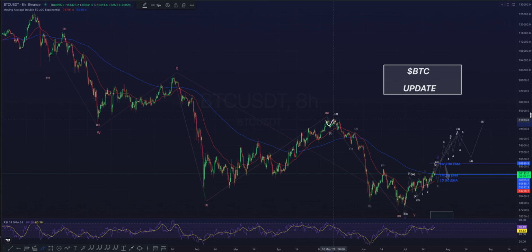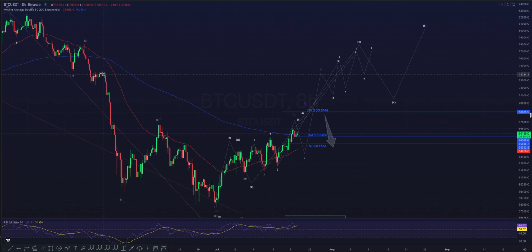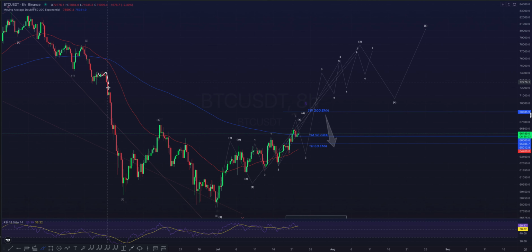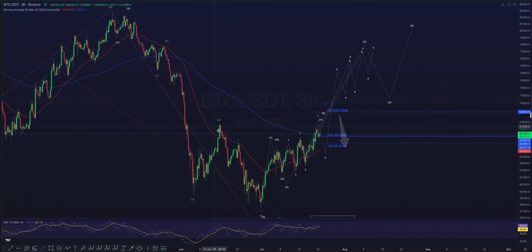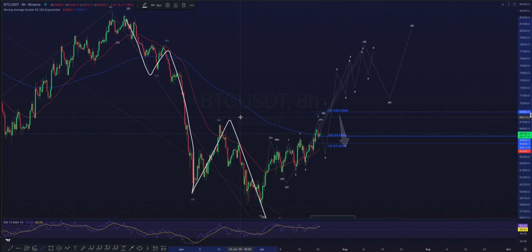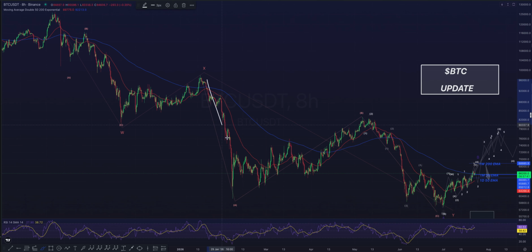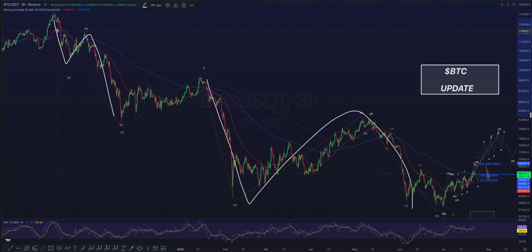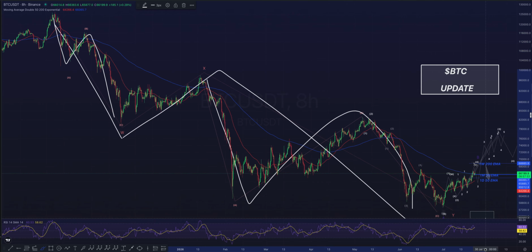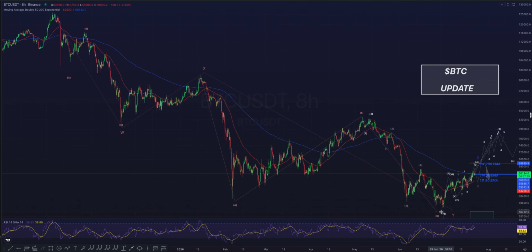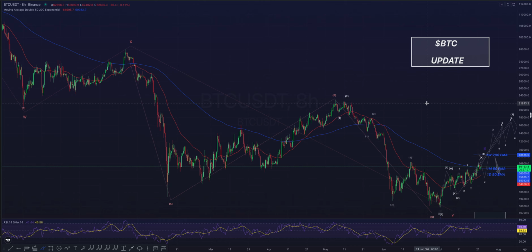All of these nestings, by the way, this is what we were just talking about. All of these 1-2 1-2s and all of these 1-2 1-2s right here already finished all the way down here. So this was some kind of a 1, 2, 3, 4, 5. And that was it. And this ABC is completed, and this WXY is completed. And we will now get this nested structure right here.